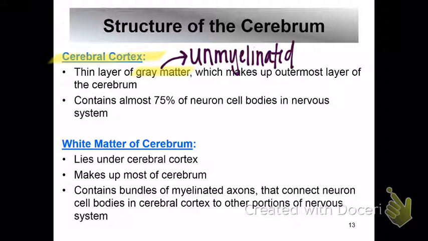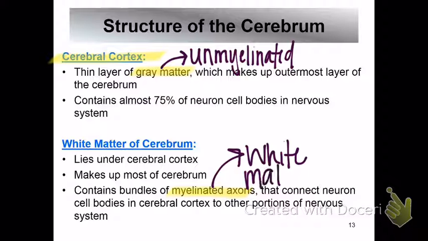So I'm going to write that in, just so you'll know when you're studying, when you see gray matter, what is that? That's neurons that don't have myelin on them. Okay, the white matter of the cerebrum makes up most of it. It's myelinated, or we can write in there white matter. So that'll help you just study and know the difference in those two.